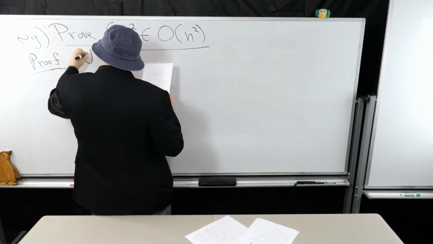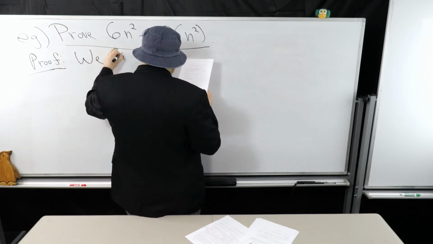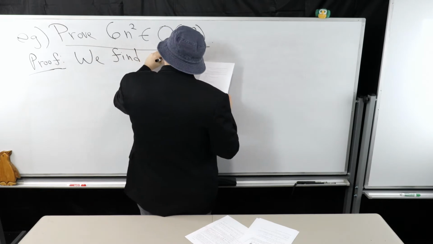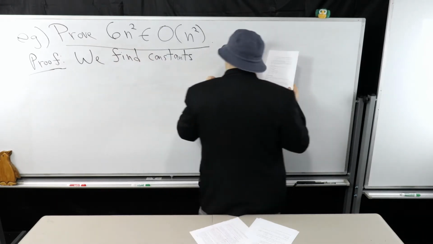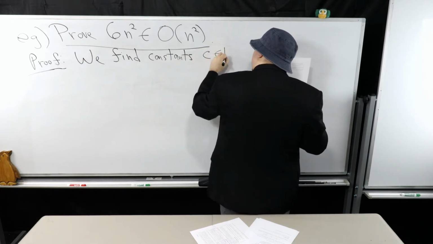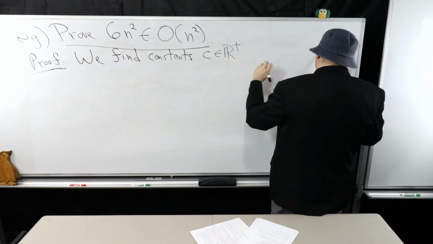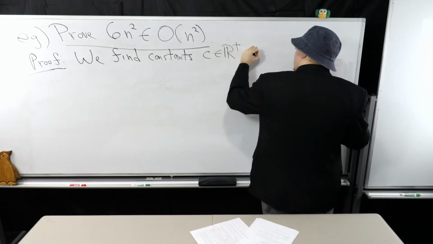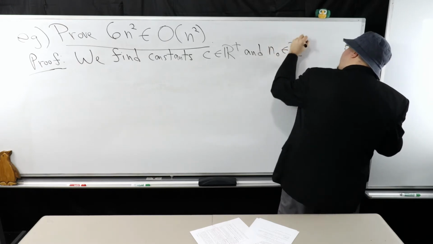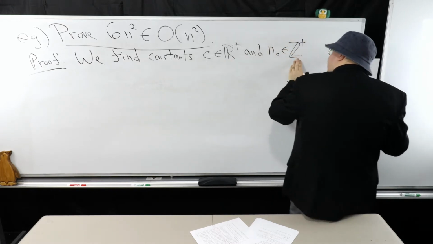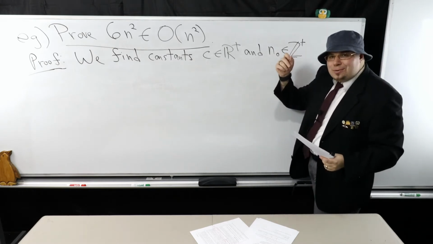So what's the first thing I usually like to do? I like to say what I'm going to do. So we find constants. Remember, we have to find the two constants. We find constants C, which remember I told you is a positive real number, and N0, which remember is a positive integer. Remember the domains of these two numbers. Could you give me N0 as 0?